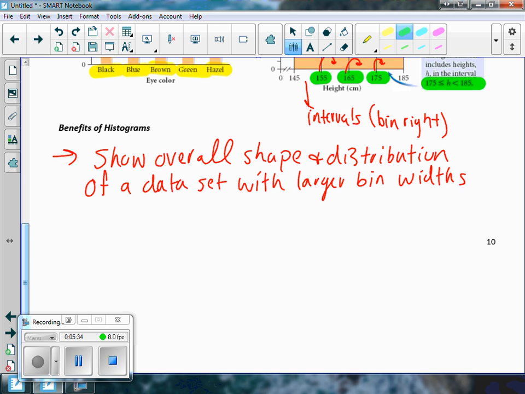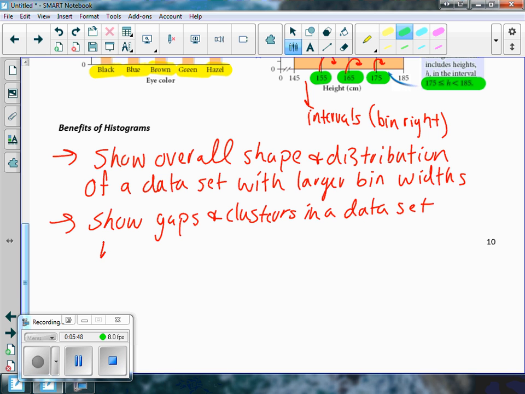But if you adjust the bin widths, it can also show gaps and clusters in a data set with smaller bin widths.